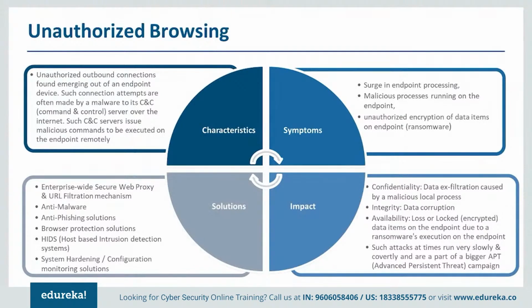What is the impact? Same impact. Confidentiality will go. Integrity, I mean, data will not be the same as usual. Data will not be available. Confidentiality, integrity, and availability, all three attributes will get hit. As I told you previously, these attacks, like Stuxnet, are also called advanced persistent threats. These types of malware cannot be identified by a regular antivirus solution.